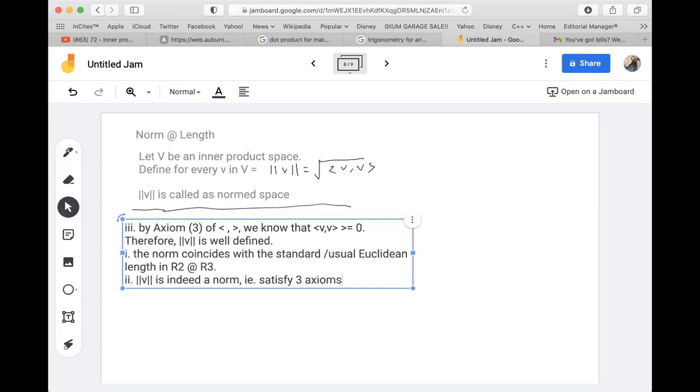These three axioms are actually quite related to the first three axioms for the inner product.